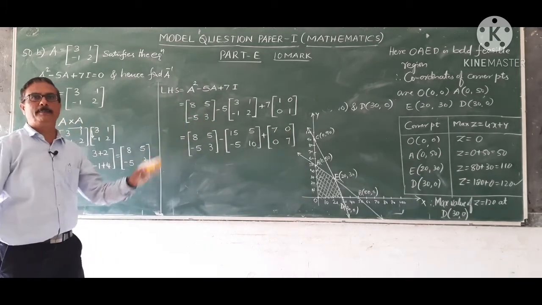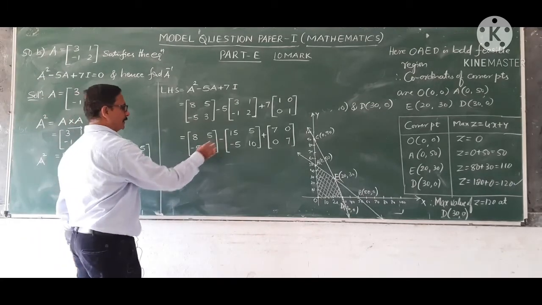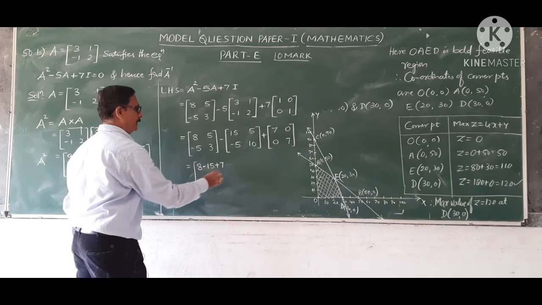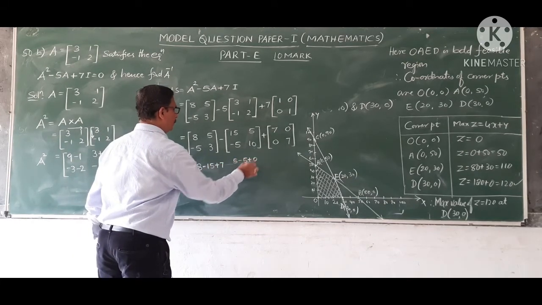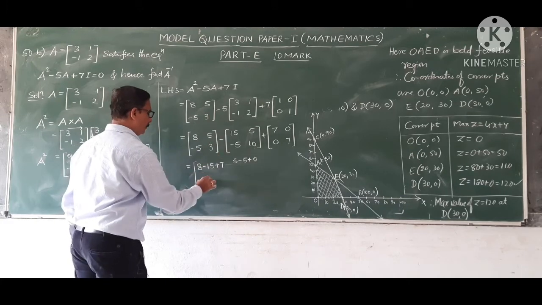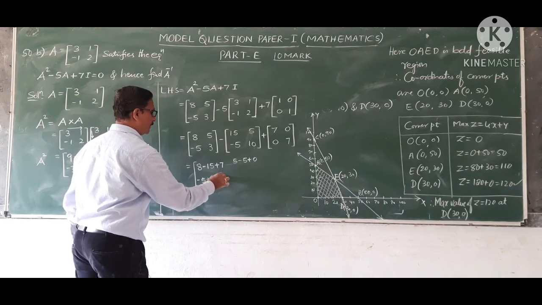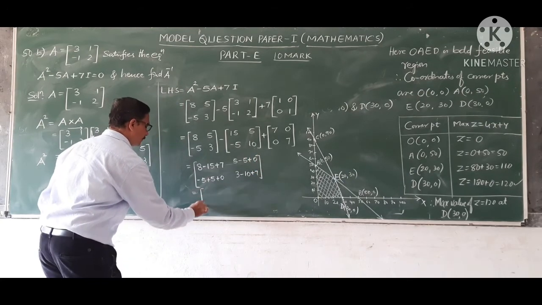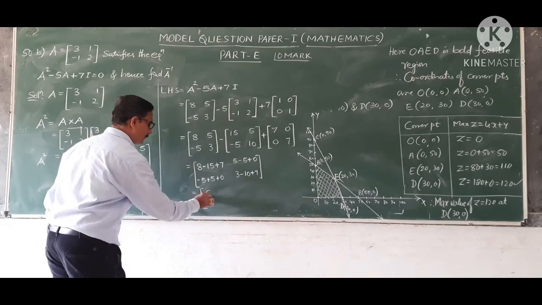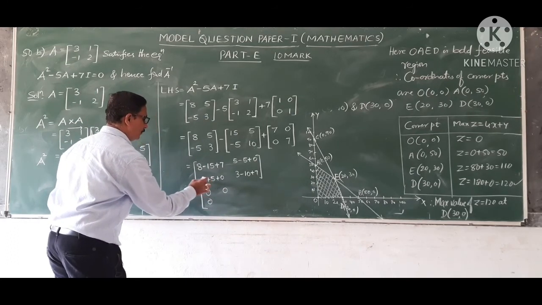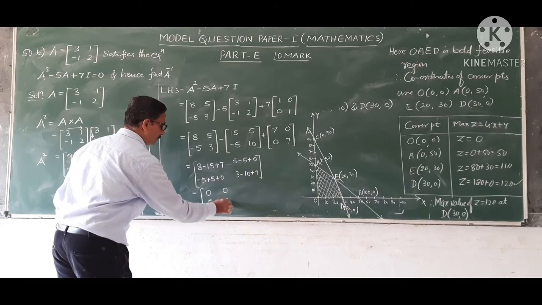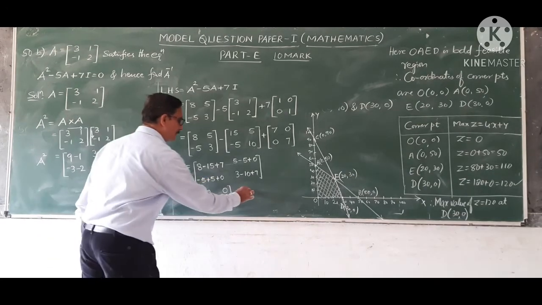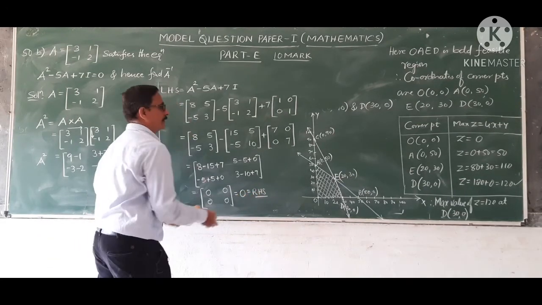Observe that all the matrices have the same order. By subtracting and adding the corresponding elements: 8 minus 15 plus 7, 5 minus 5 plus 0, minus 5 plus 5 plus 0, 3 minus 10 plus 7. That is equal to 8 minus 15 plus 7 is 0, 5 minus 5 is 0, minus 5 plus 5 is 0, 3 minus 10 plus 7 is 0. All the elements are 0, that is known as the zero matrix denoted by 0. That is equal to RHS.